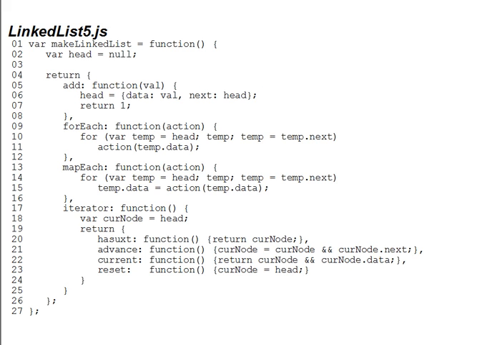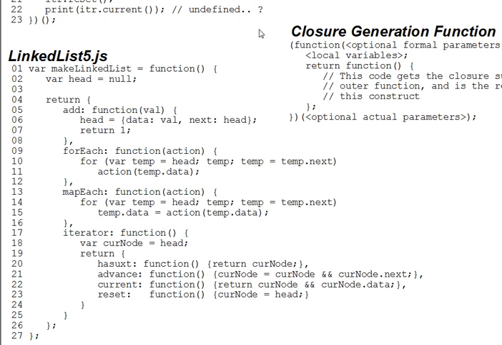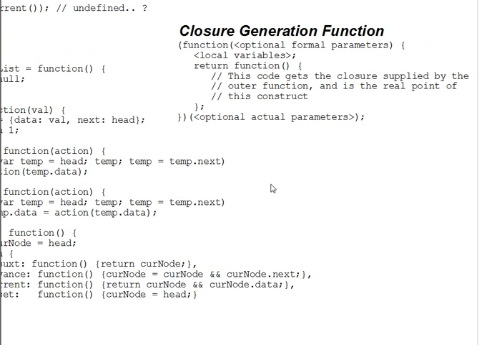So summarizing it, maybe I will drop at least that much in the notes here. The classic closure generation function looks like this. And it generally appears within another function, sometimes even as the parameter of another call.